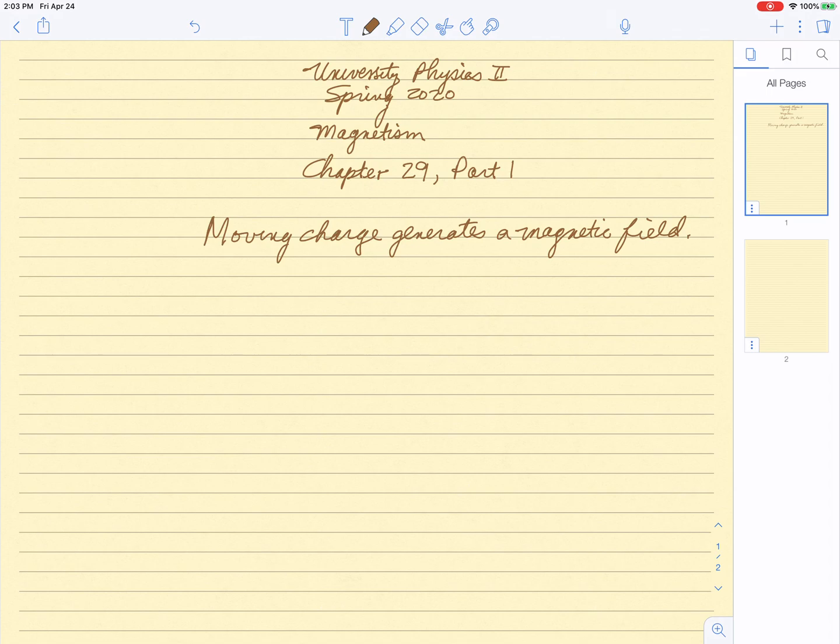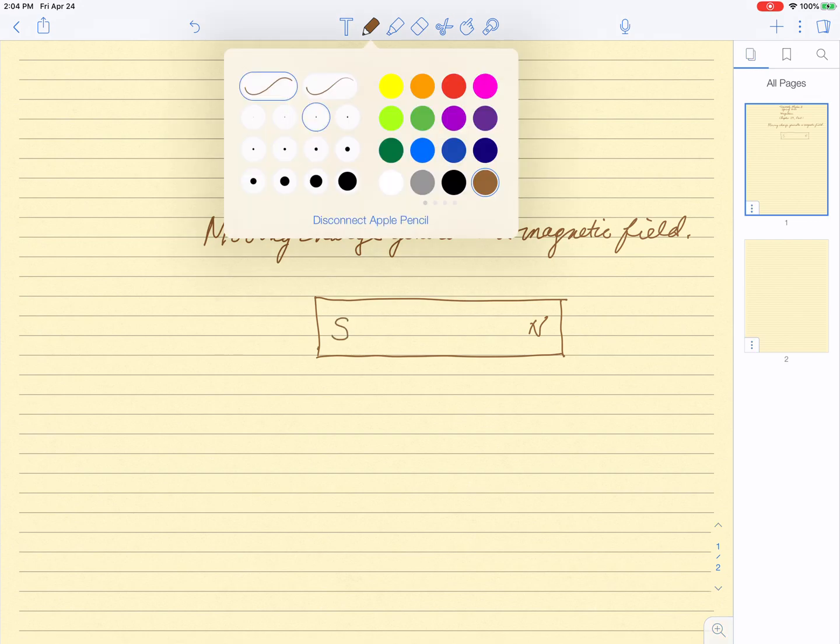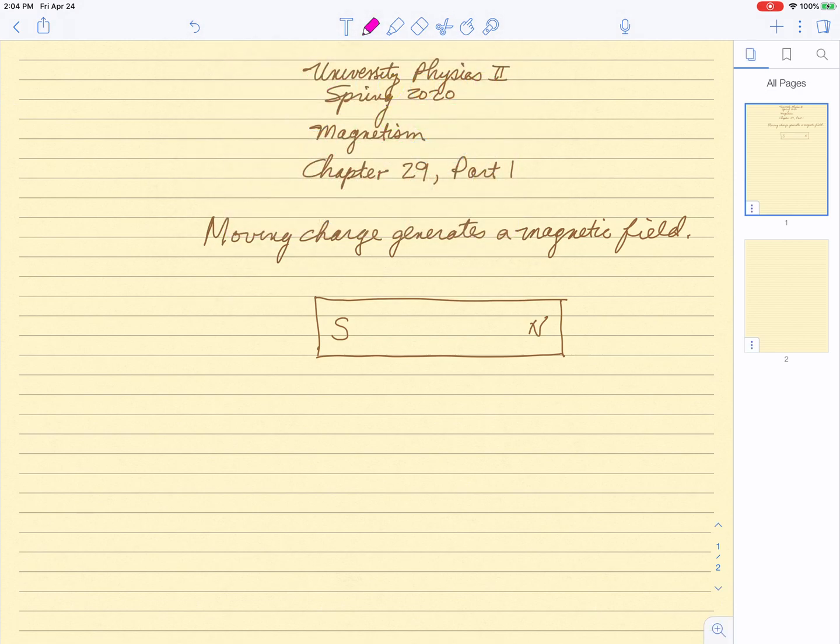Now, that begs some question, because we all know that if we play with a bar magnet, and again, a bar magnet has two poles, north and south, I'm sure many of you during the course of your life might have put a bar magnet under a piece of paper and spread some iron filings on it.